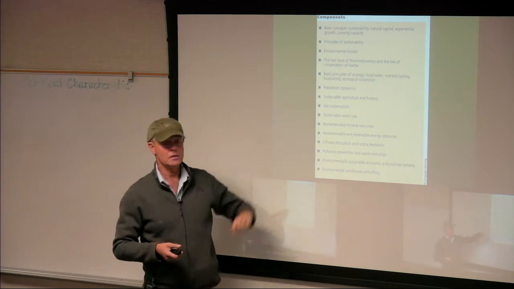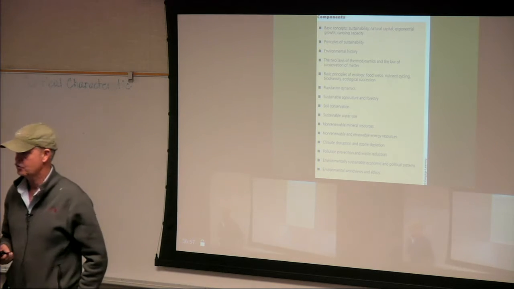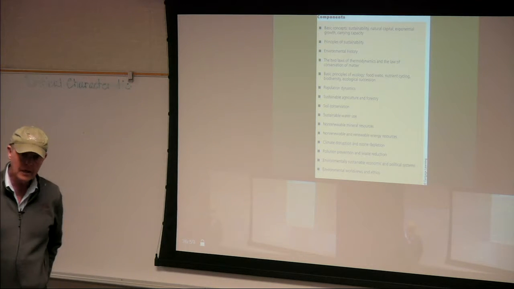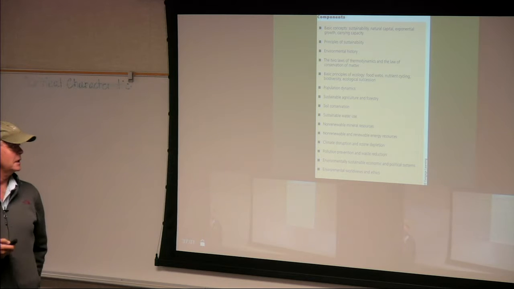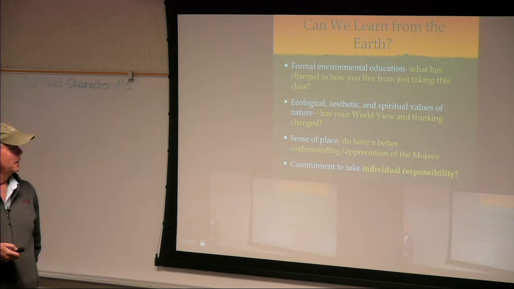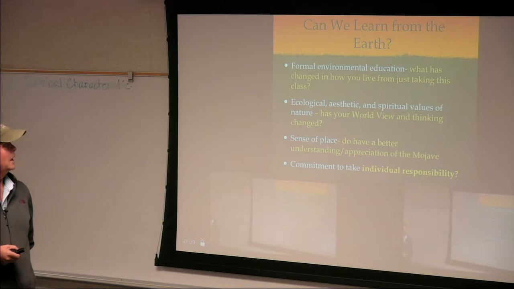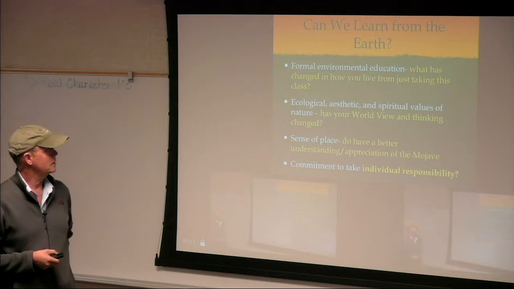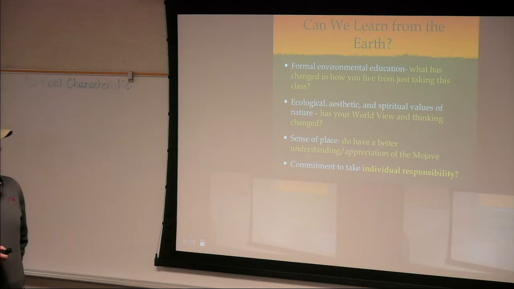We can use some of those irrigation systems we saw on the field trip. So we can start thinking about the solutions. And I know personally that's a really healthy thing for me, because otherwise I'd be super depressed and buy more Cheetos. Can we learn from the earth? Of course we can. So has your worldview and thinking changed?